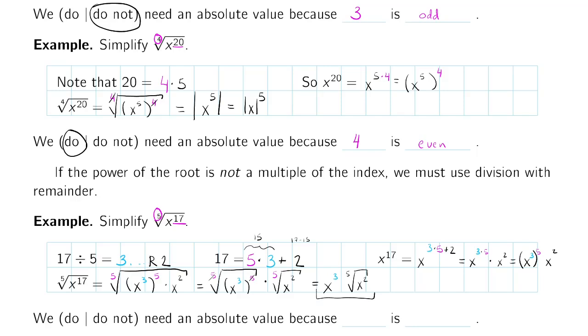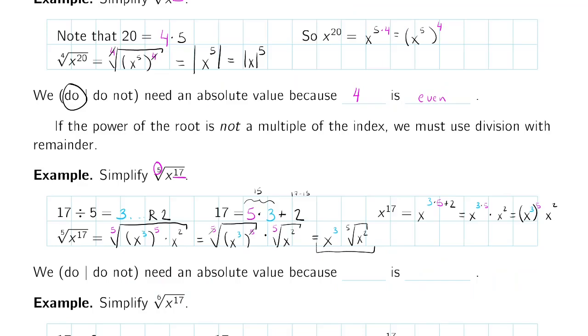And so that's what we get if we simplify that root. Do we need an absolute value? We do not need an absolute value. Why not? Because 5, the index of our root, is an odd number.